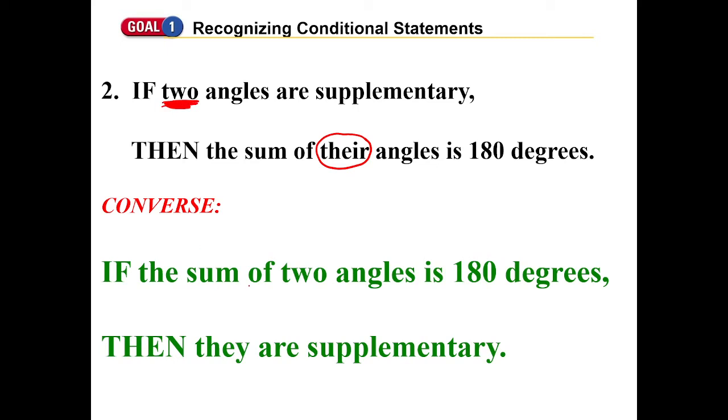So the sum of two angles is 180. Then, they are. Because the two angles, a pronoun, become 'they', since it is plural. So we will be using 'they are supplementary'.